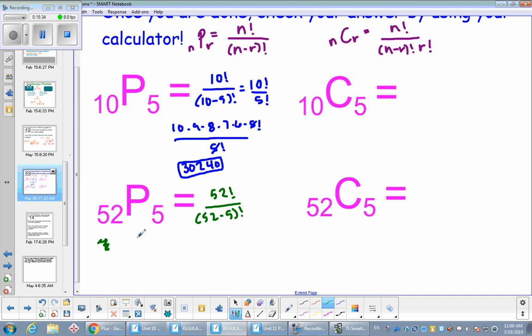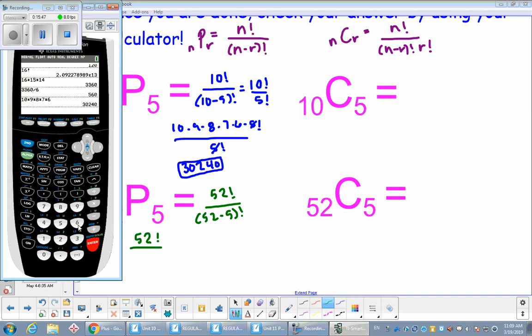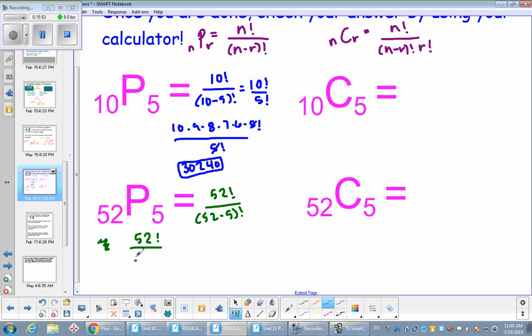Ignore that. 52 factorial over 53, not 53, oh my gosh. 52 minus 5, let's just double check my terrible math here. It should be 47, not 53. All right, so 47 factorial.